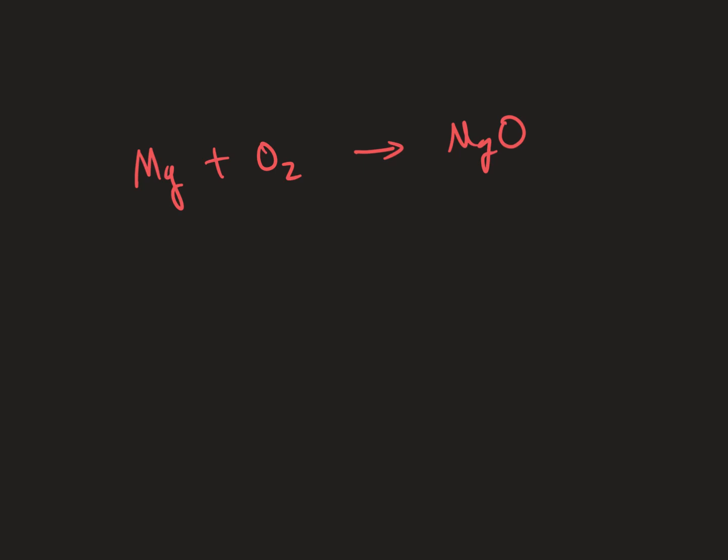Do you know how to tell a double replacement reaction? You have some compound AB, and you can have numbers here, doesn't matter, plus another compound CD, and again, you could have numbers over here. This is just a general equation.